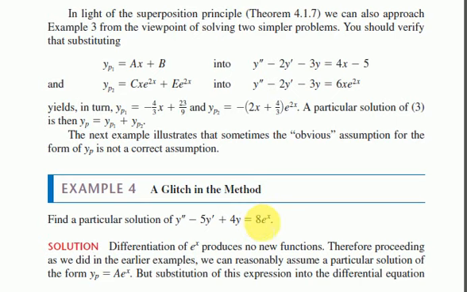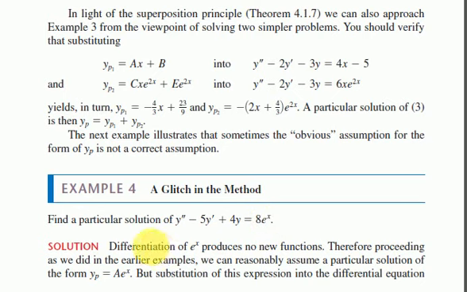Then we assume our particular solution like g of x with undetermined coefficients. And we always take the derivative of that particular solution and put it in the following equation to satisfy it. So what can be the particular solution for this equation?